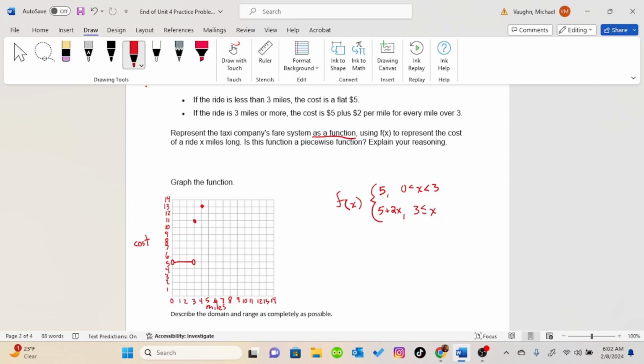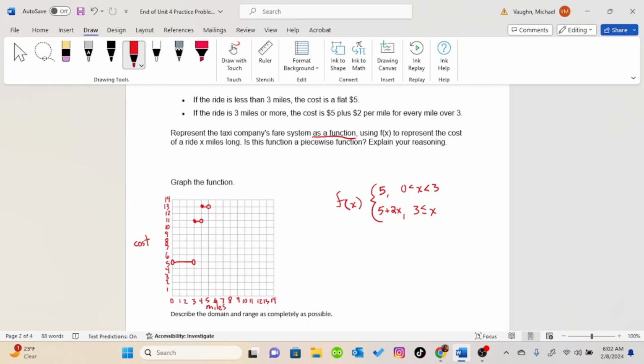But I'm going to go ahead and draw this as a step function. So I'm going to put hollow points with the lines connecting them. So this would say anywhere between more than 0 miles to anywhere less than 3 miles would be $5.